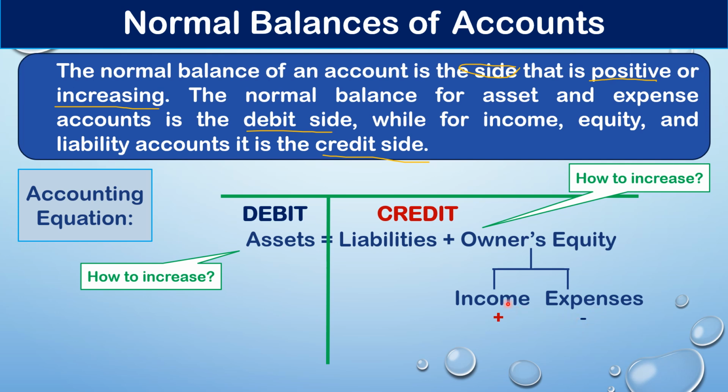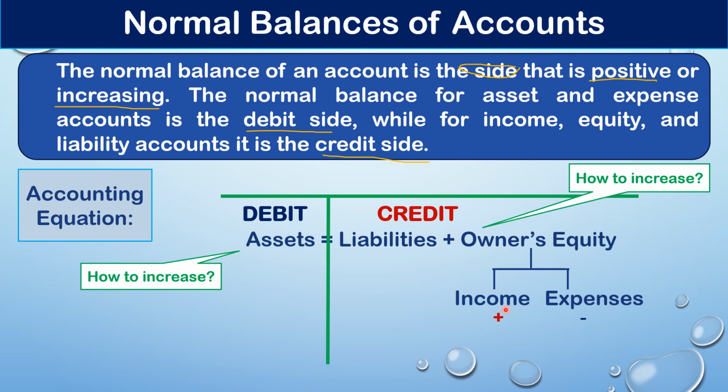Okay, so karon, diba, ang income nato makapa-increase sa owner's equity. And makita nato diri unsaon pag-increase sa owner's equity? Mo credit ta. Karon, ang income ba diba maka-increase sa owner's equity? Therefore, unsa ang income? Unsa iyang normal balance? Debit or credit balance?